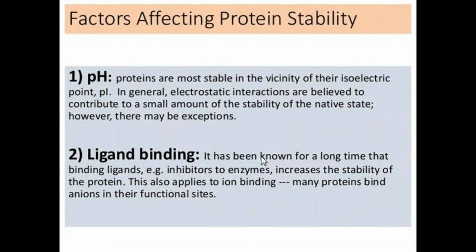That means proteins are stable at the isoelectric pH, and in this situation electrostatic interactions are mainly helpful for maintaining the stability of the native state. Some more exceptions are there for changing these conformations also. And also ligand binding. What are ligands?